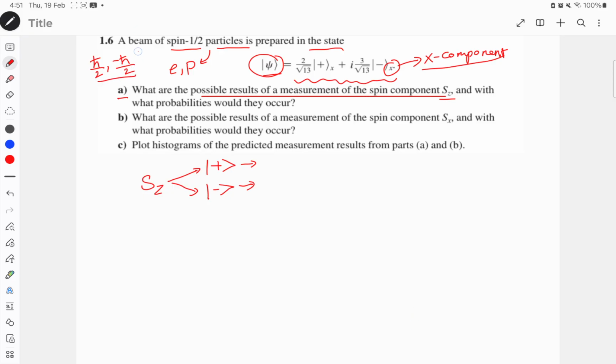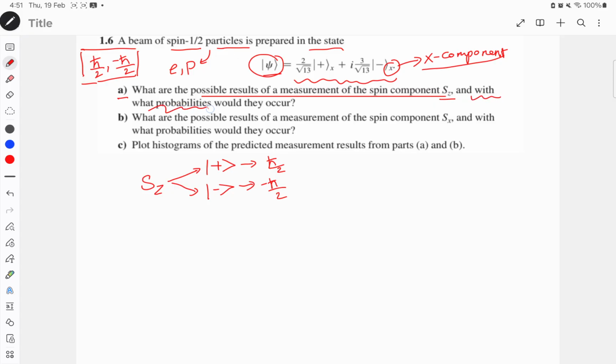This is the only possible measurement we get. So the up is h bar over 2 and the down is minus h bar over 2.